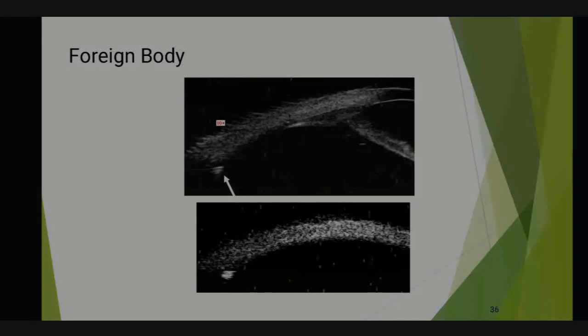Actually, most artifacts come in cases of IOL only, because IOL reverberations will be there so much, so we get those kinds of artifacts. And in some cases, when we try to find the haptics, those haptic reflections will appear as artifacts.